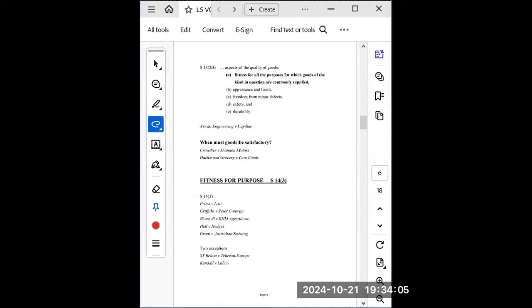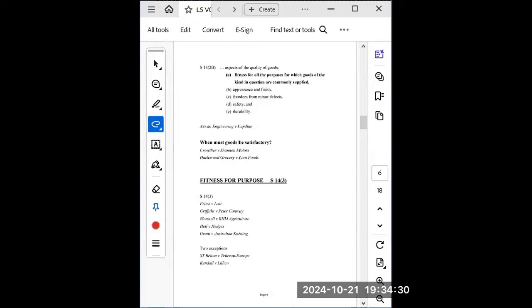14.2(b) says goods must be satisfactory for all purposes. So not only must it be satisfactory as a Ming vase because it's a thing of beauty, it's an antique, not only must it be brilliant for that, but it must also be satisfactory as a vase.